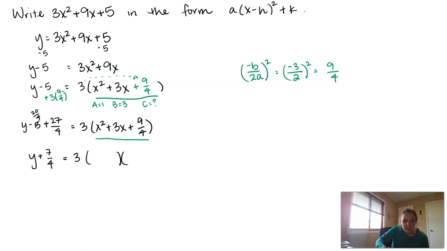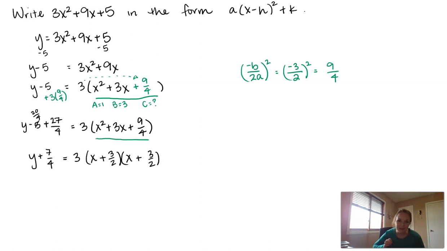And then this should factor into a perfect square, which means that we need factors of 9 over 4 that add up to 3. Well, that should give us 3 halves. So 3 over 2, 3 over 2, 3 times 3 is 9, 2 times 2 is 4, and when you add 3 halves plus 3 halves, you get 6 halves, or 3.